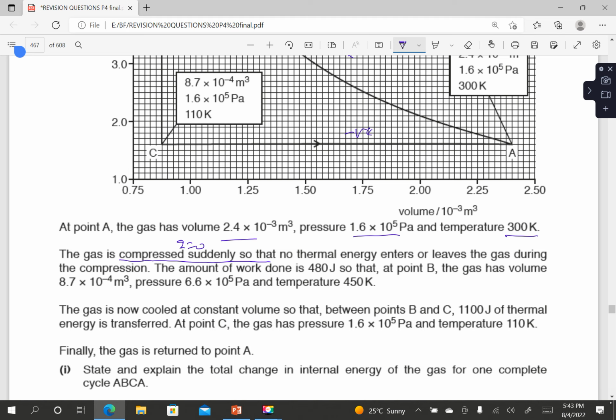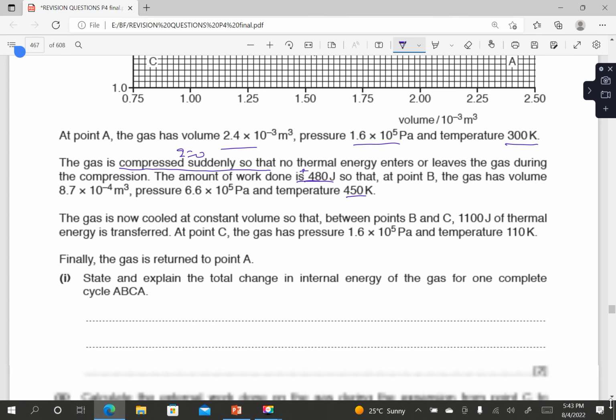The amount of work done is 480 joules, so that at point B the gas has a volume of that. Work is done on the gas because the volume is decreasing, so this one is going to be positive. Okay, and the temperature is 450. You see that the temperature has also increased, so there's an increase in internal energy.